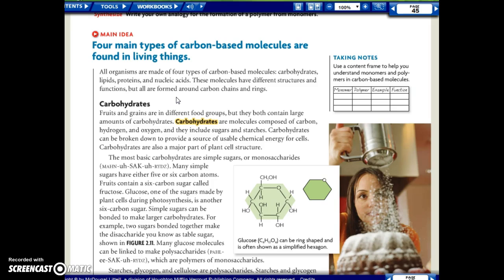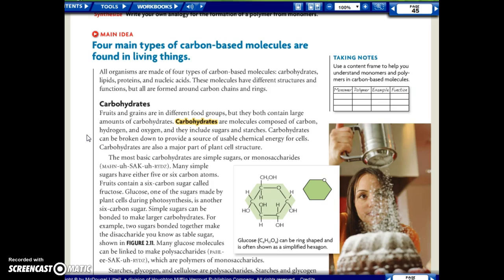We need to know those are called macromolecules. Carbohydrates. Fruits and grains are in different food groups, but they both contain large amounts of carbohydrates. Carbohydrates are molecules composed of carbon, hydrogen, and oxygen, and they include sugars and starches. So off the periodic table, carbon is element C, hydrogen is element H, and oxygen is element O.